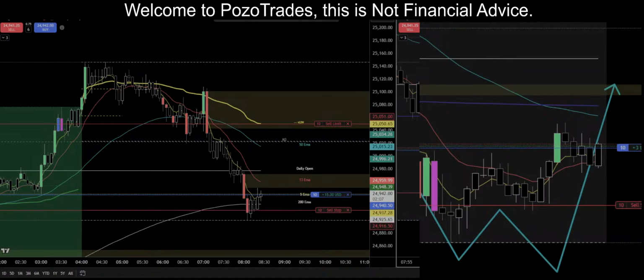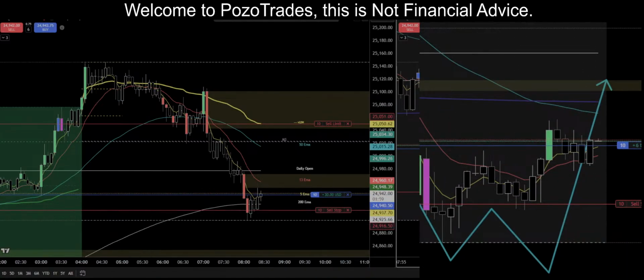Okay, so there we go. We had the compression of the 5 and 13. Now we're starting to get some incoming movement here.